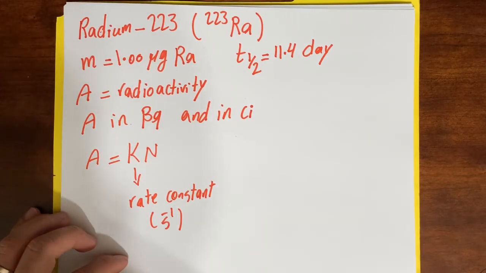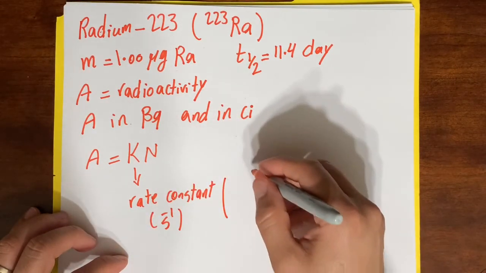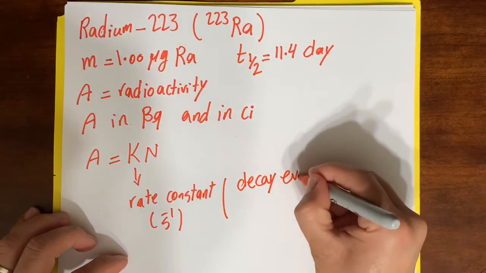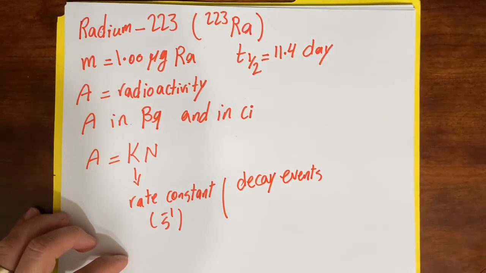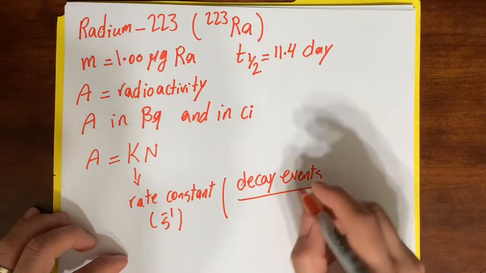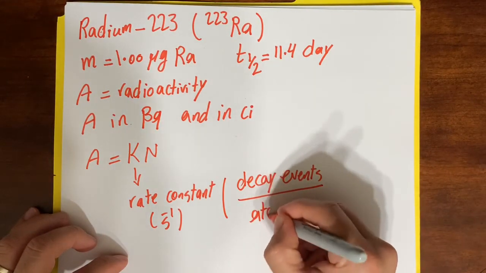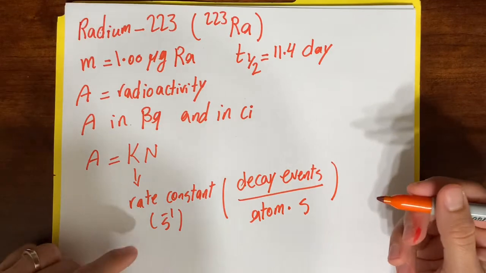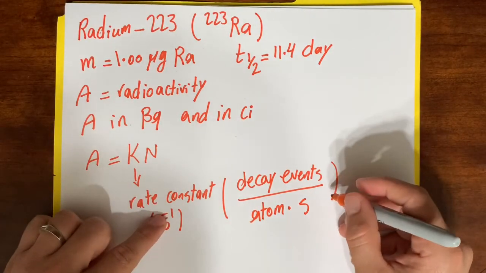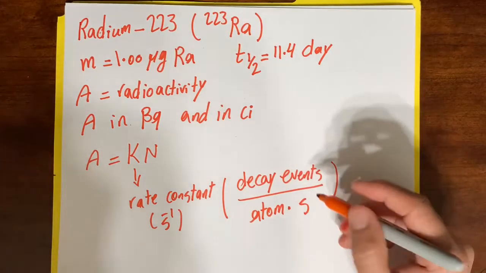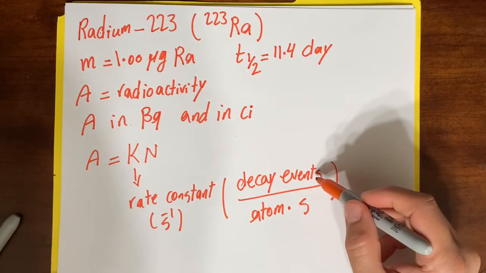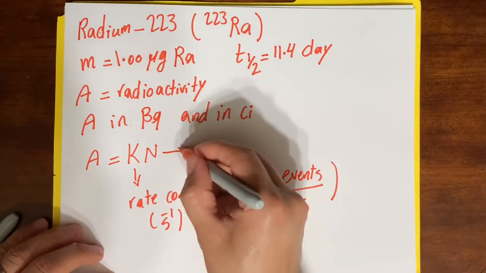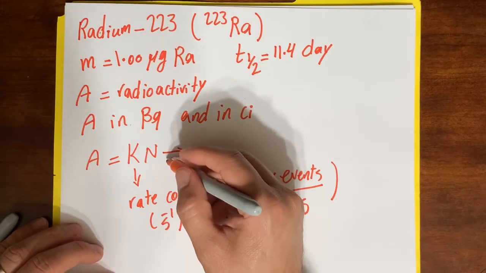If you want to be precise, the unit is decay events, how many decays are happening for one atom in 1 second. So again it's s minus 1, but to make it more clear, we should say number of decays for one atom in 1 second, and N is the number of atoms.